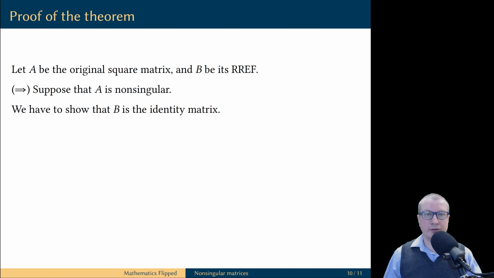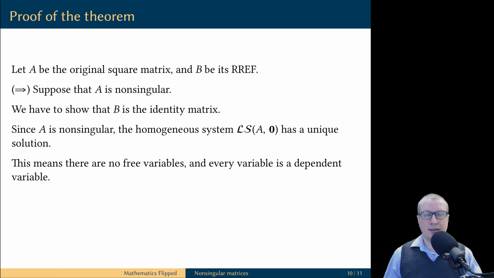In the other direction, we are going to assume that A is a non-singular matrix, and we need to prove that its reduced row echelon form is the identity matrix. Since A is non-singular, by the definition of a non-singular matrix, it means that the corresponding homogeneous linear system has only the trivial solution.